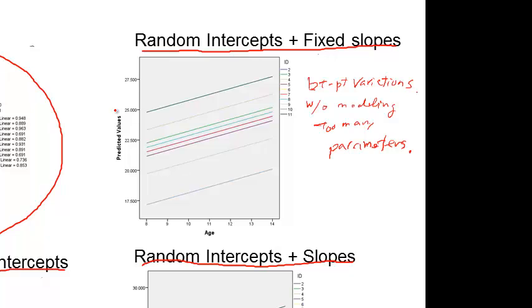What we do is introduce a different intercept for different patients while keeping the slope the same for all patients.